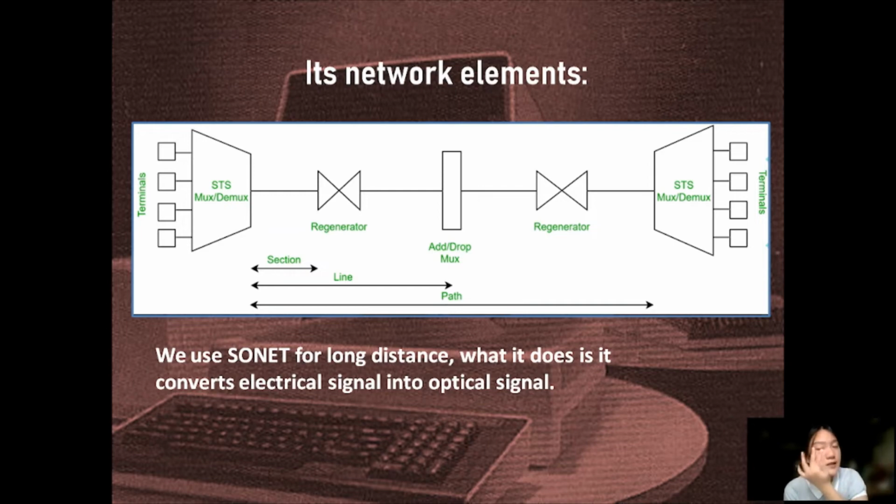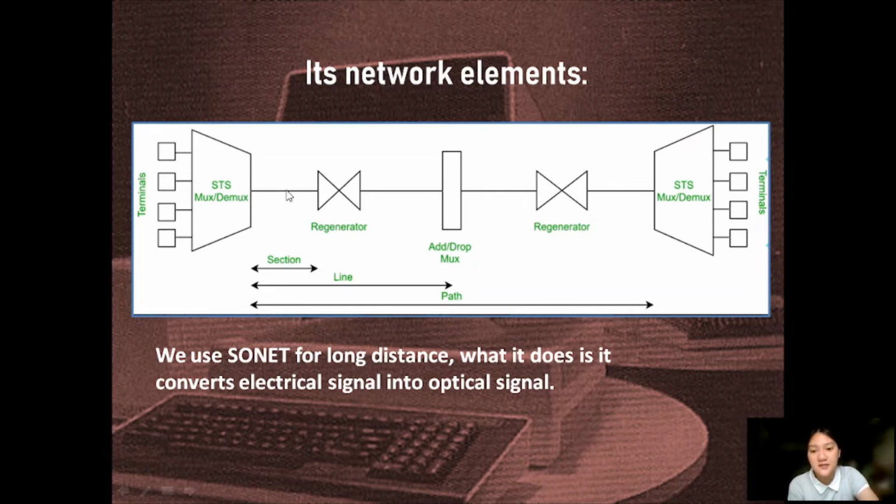So these are the network elements of SONET. We have here the terminals which accept the input, the STS multiplexer, the regenerator, the add-drop multiplexer, and another regenerator, and the STS demultiplexer. These are the output terminals.